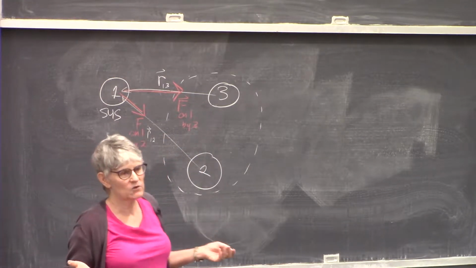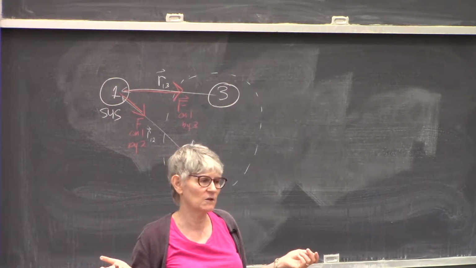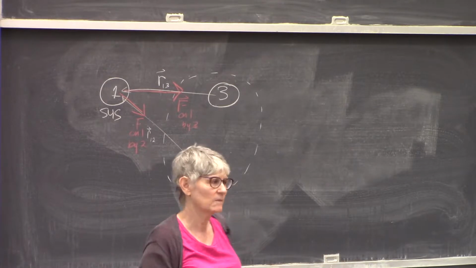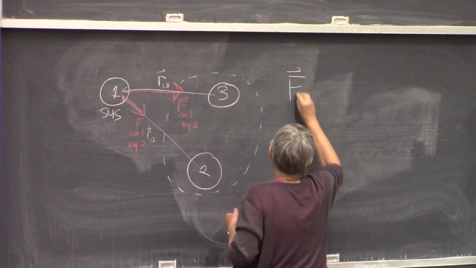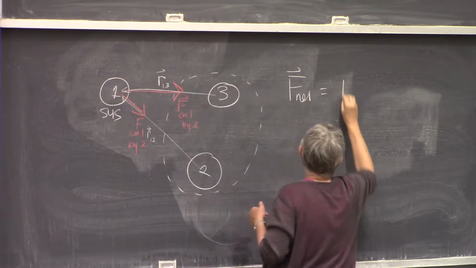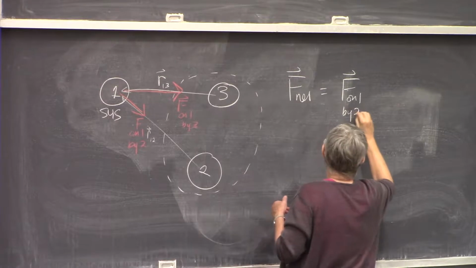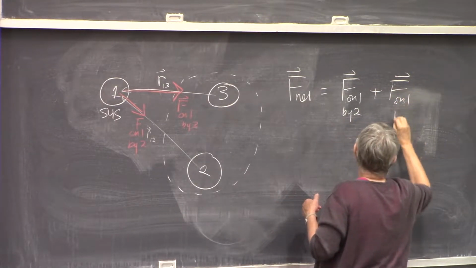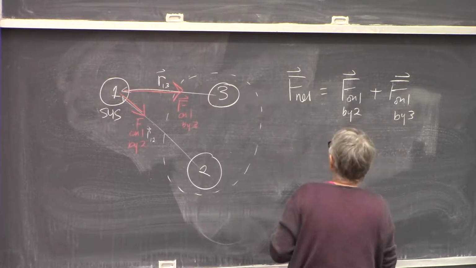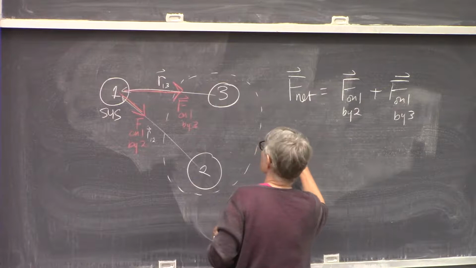And then our net force would just be the vector sum of those two forces, right? So F net, and graphically it would look something like this.